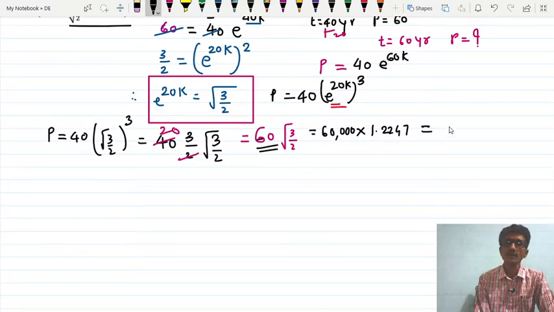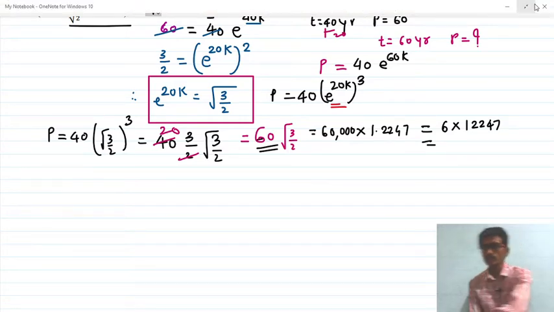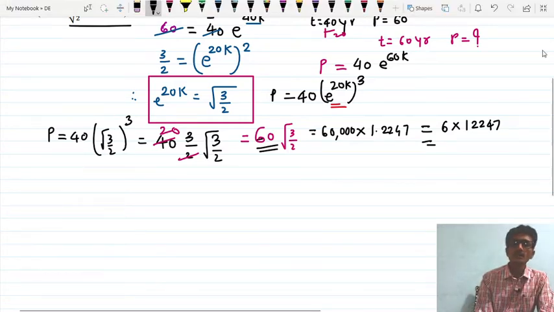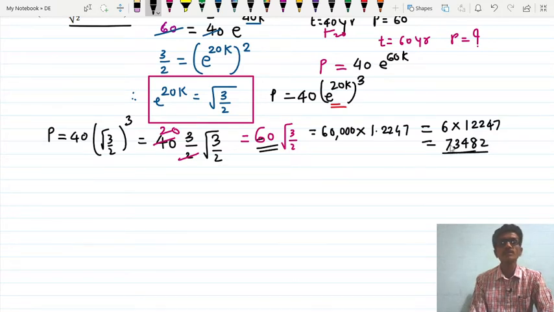The answer is 6 into 12247, and the multiplication is equal to 73482. This will be the population after next 20 years.